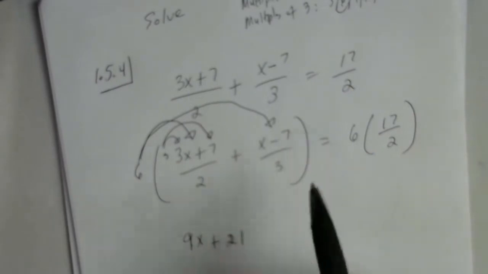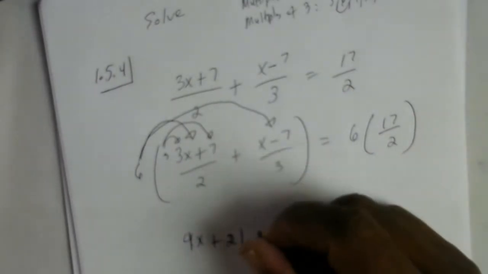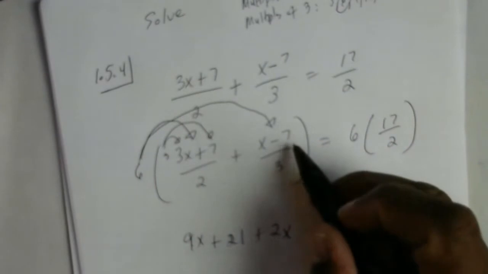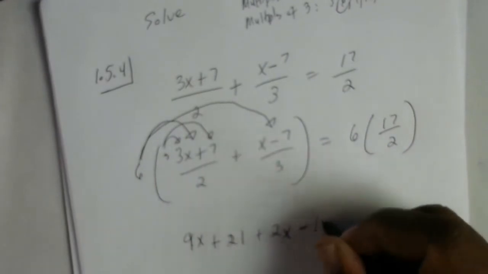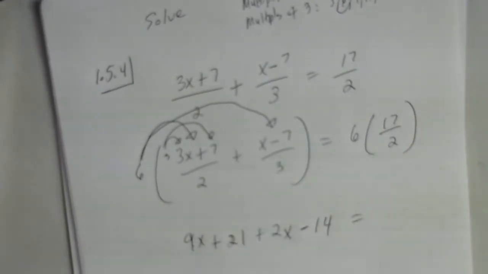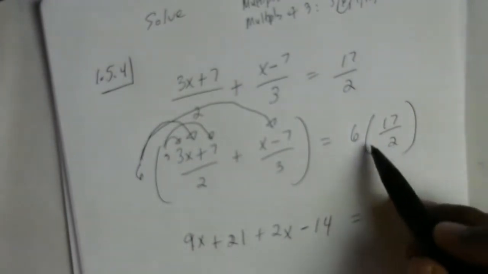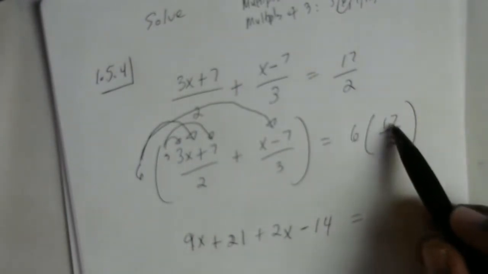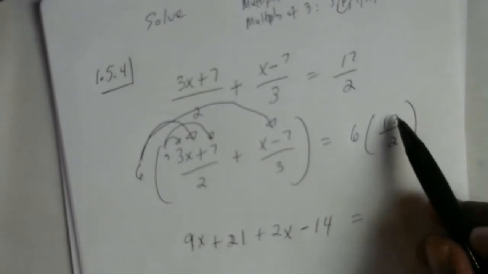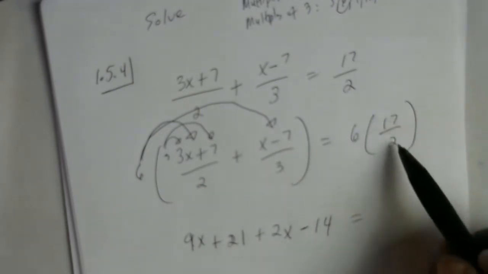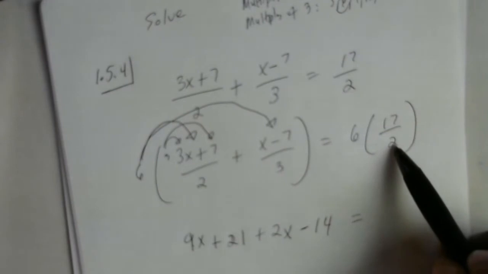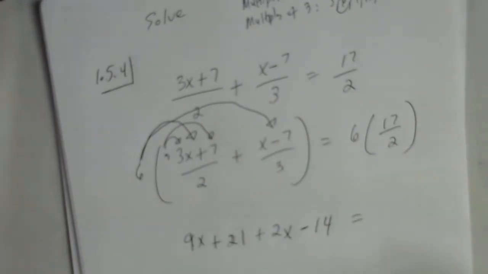So I'm actually going to distribute 2. 2 times x is 2x. 2 times negative 7 is negative 14. And on the right hand side, when I multiply 6 times 17 over 2, the 6 divided by 2 will reduce to a 3. And 3 times 17 is 51.